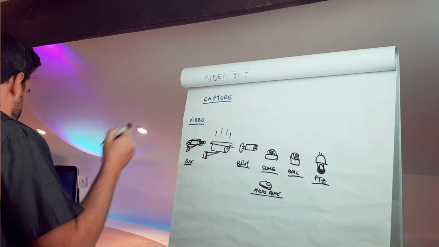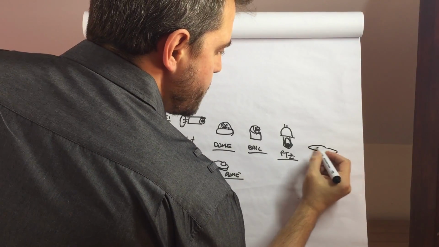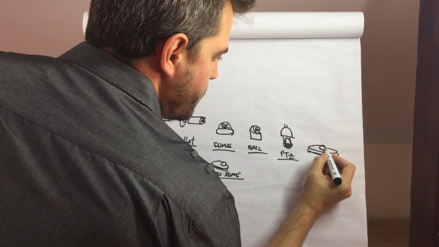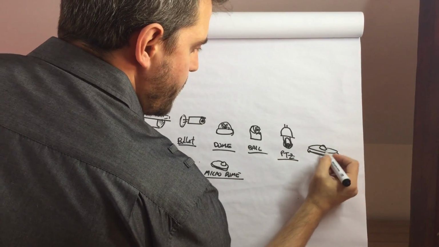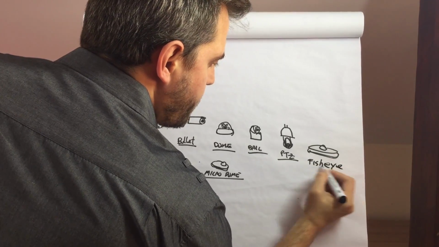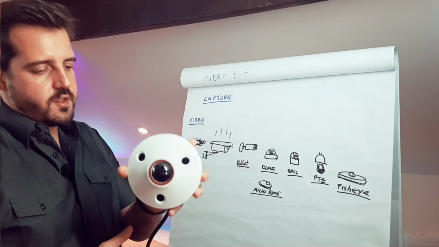Okay, and then we have the fisheye. Fisheye camera, normally it's a round structure as well, with a little dome just like the microdome camera. And we have the sensor here in the middle. This is the fisheye camera.